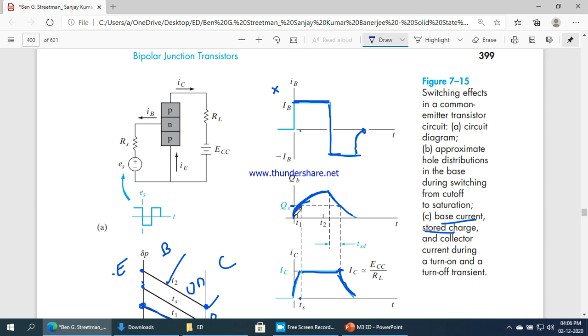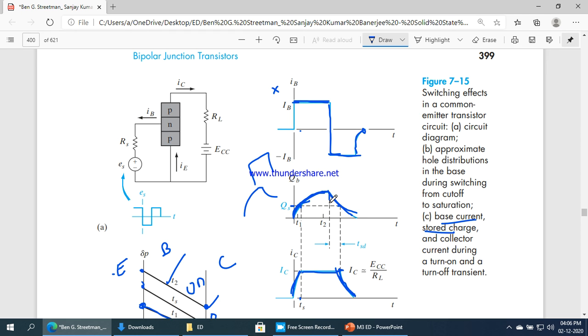The rest of all the curves, like the collector current and the base charge storage in the base region, are exponentially increasing and exponentially decreasing. These are not sharp curves.